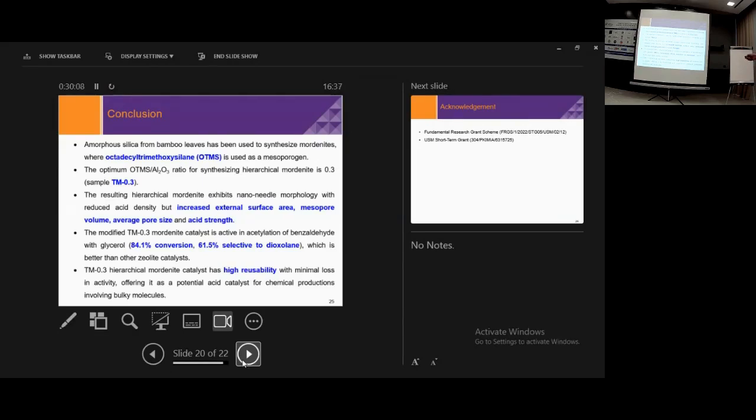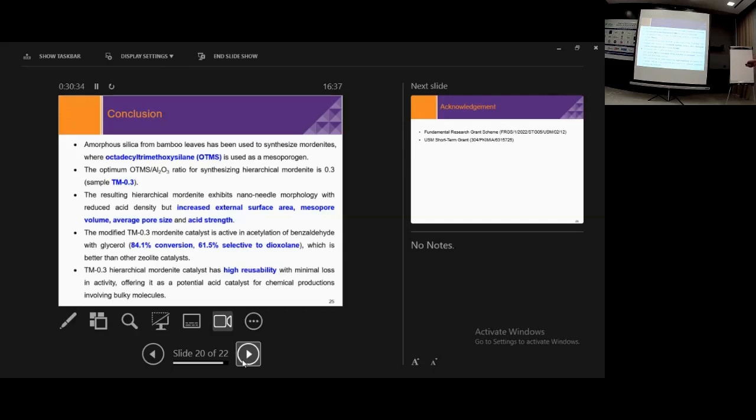So we label this sample as TM0.3. The resulting hierarchical mordenite exhibits nano-needle morphology. So this is TM0.3, and it has reduced acid density, but with increased external surface area, mesopore volume, average pore size, and acid strength.